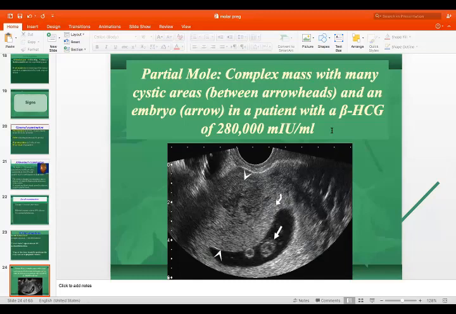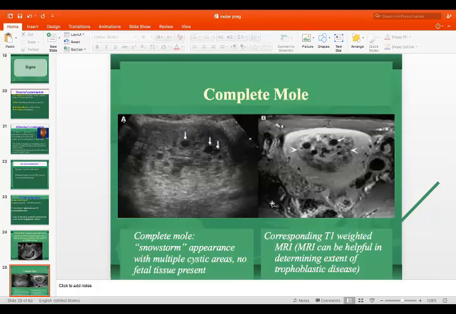This is partial mole. These are cystic tumors. In partial mole, there is a fetus, and hydropic villi as well, some of the placental tissue. This is complete mole.